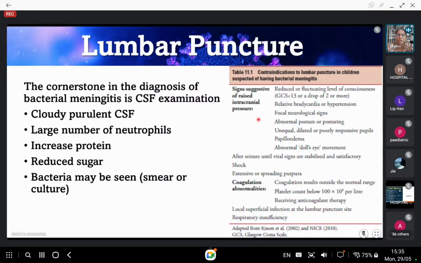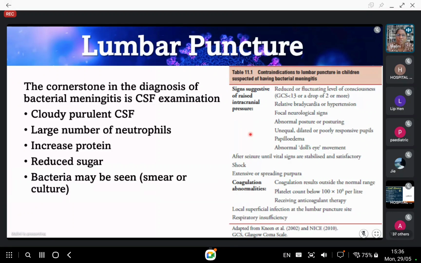If there is a reduced or fluctuating level of consciousness, relative bradycardia or hypertension, which means there are signs of raised ICP, any focal neurological signs, any abnormal posturing, unequal or unresponsive pupils, papilledema, or Doll's eye reflex, which would mean there is some brainstem dysfunction.